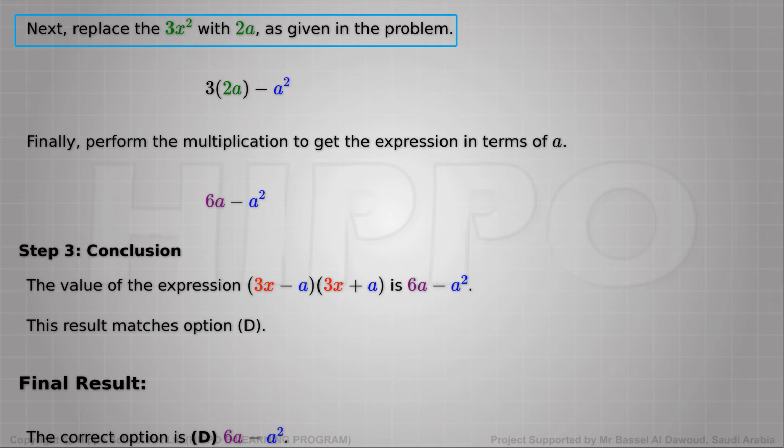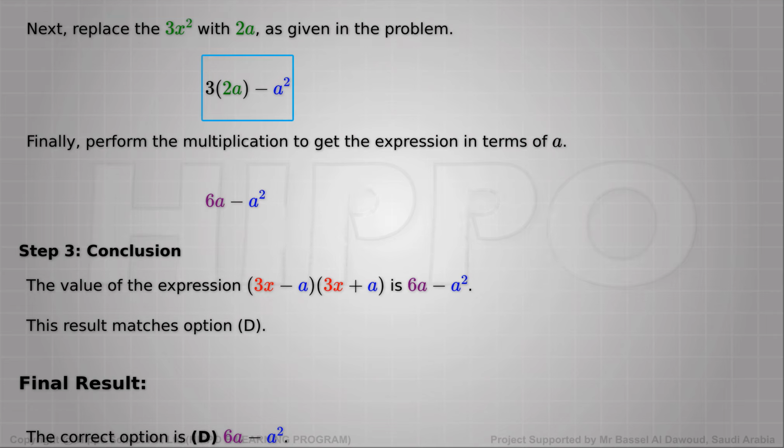We know from the problem that 3x squared is equal to 2a. So we can directly replace the 3x squared part of our expression with 2a. This gives us the expression you see on the screen, 3 times 2a minus a squared. Notice that the x is now completely gone, which is exactly what we wanted.